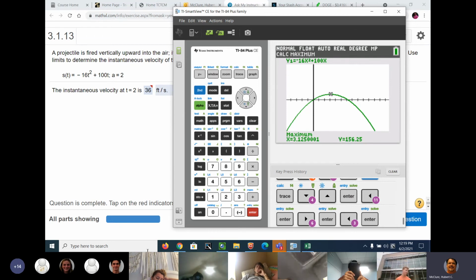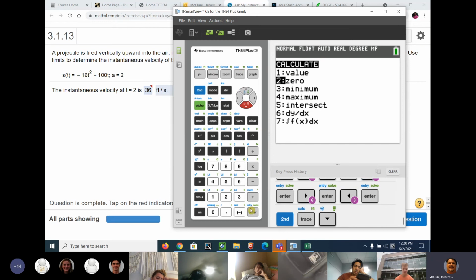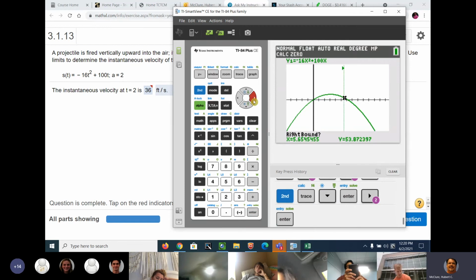Let's go ahead and check out the 0. So second trace 0. And go over here. That's the left. That's the right.